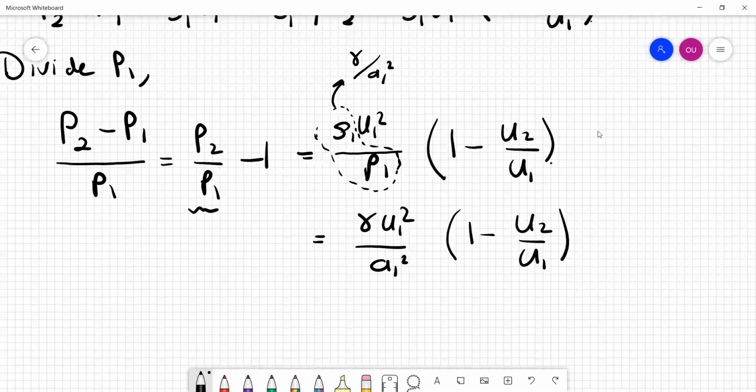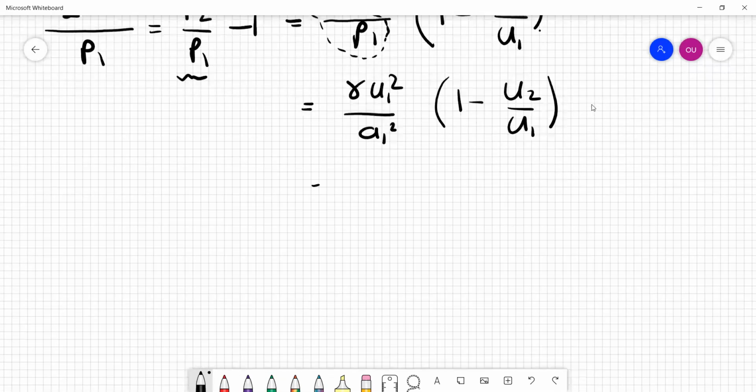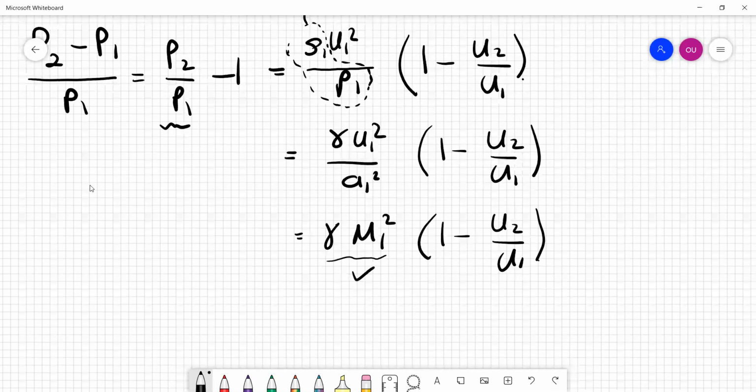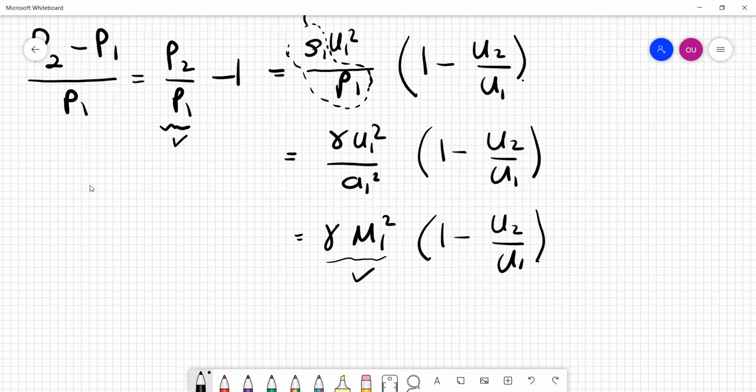That is nice: I see the Mach number on the right-hand side, and on the left-hand side I see the static pressure ratio across the shock wave. I'm interested in that. I just don't know what U2 over U1 is.